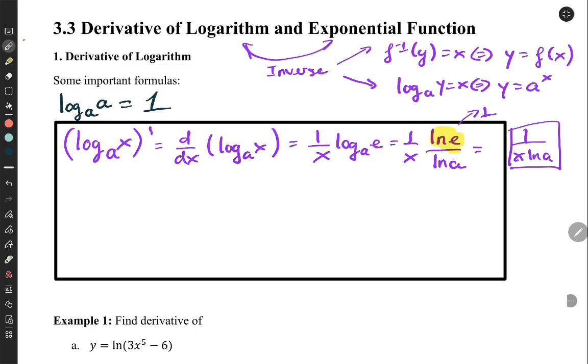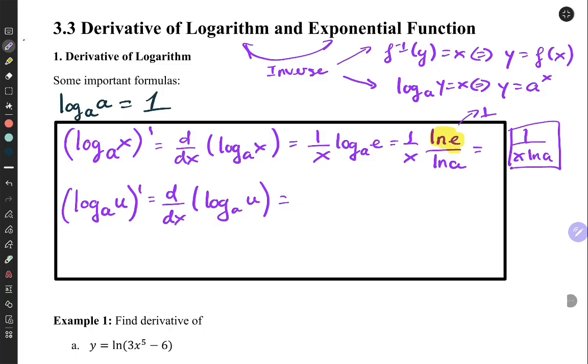Next is the chain rule version of this one. We've been studying chain rule for quite some time now. Can you help me write a formula of that using u? You can technically start from here, but what would be the difference? This is the formula for the x term.